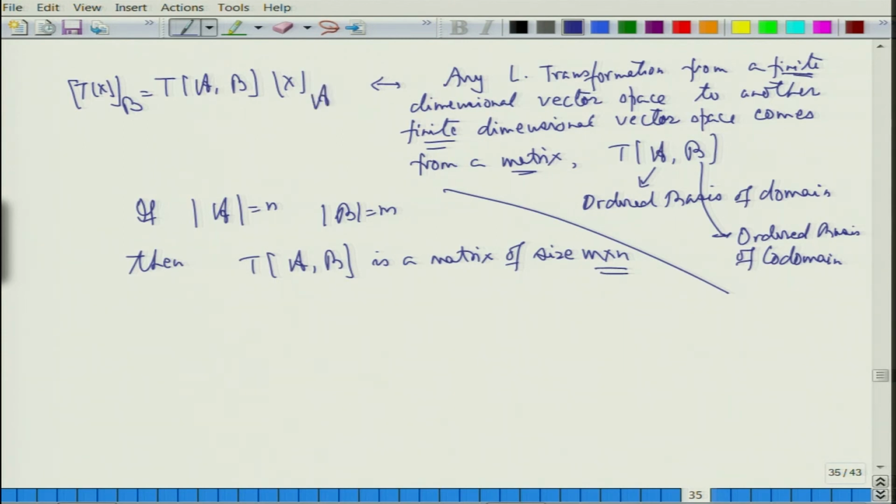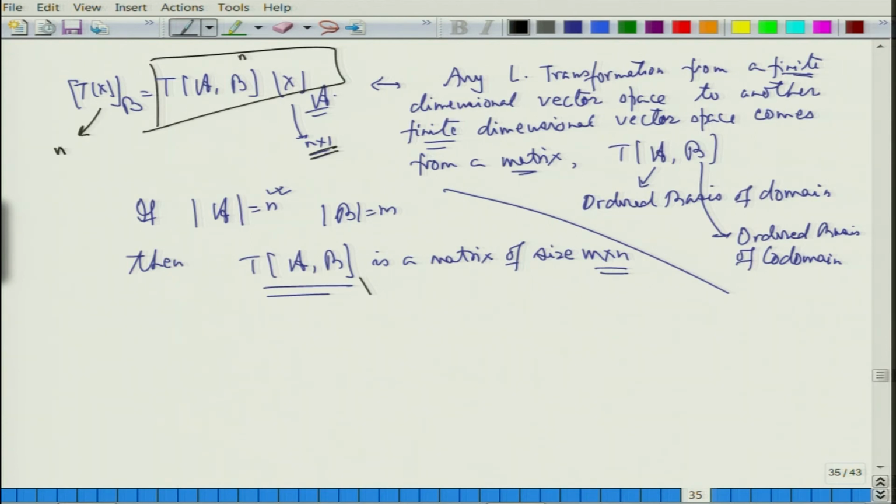It should have been A here because x is an element of the domain. So x with respect to A has size n, so this is an n cross 1 matrix. If I want to multiply these two, there has to be n columns here. This is a matrix of size m cross 1 because B has m elements here.